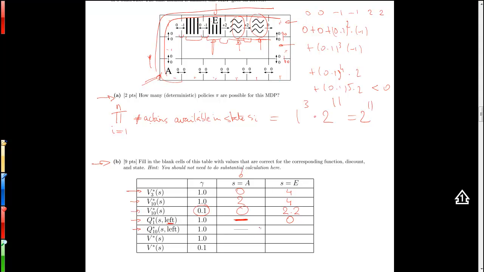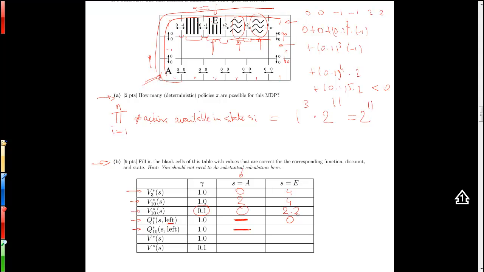First moving left. So, for A, we can't move left, so nothing to be considered here. For E, if we first move left, then we'll get a reward of 0 moving left, and the next thing to do would be to move right, minus 1, and then plus 2, and then 0 afterwards.